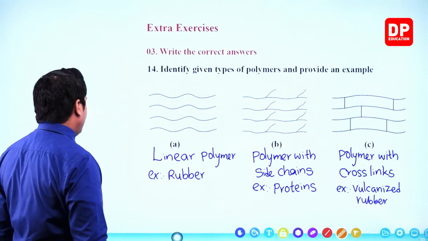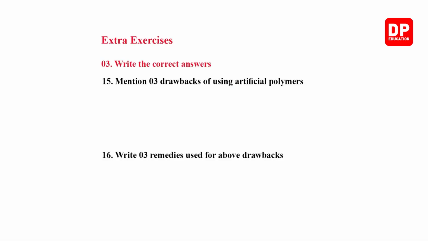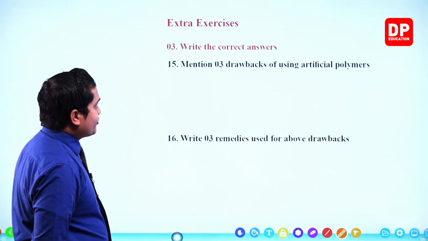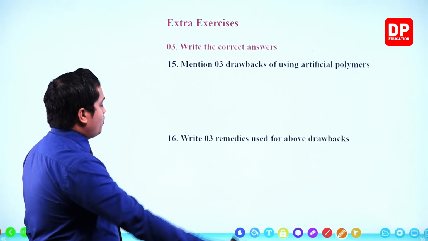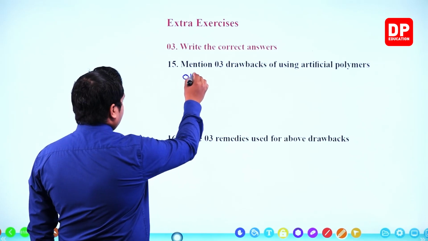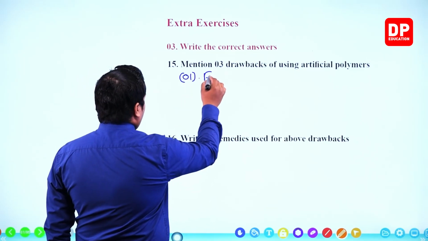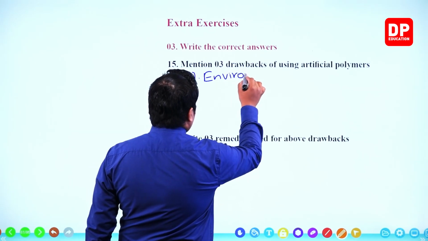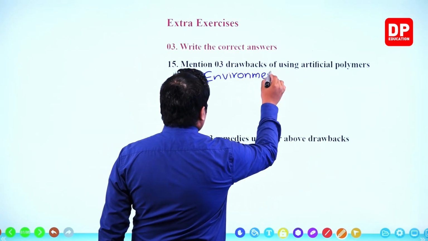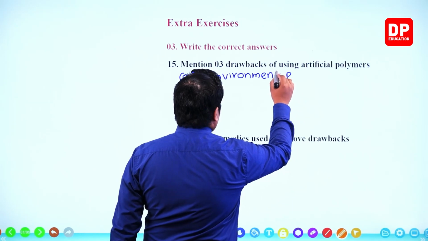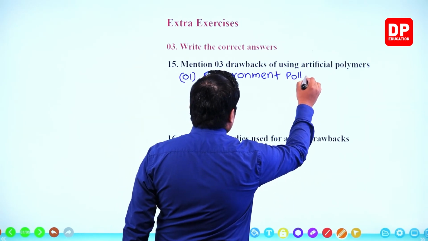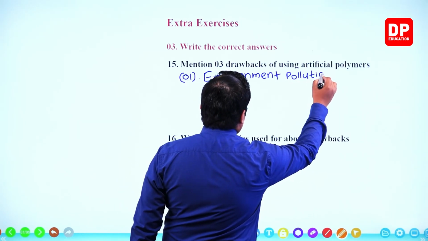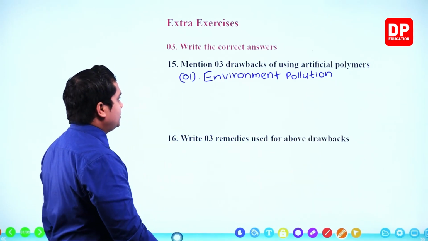Right. Then the next question. Question number 15. Mention 3 drawbacks of using artificial polymers. Number 1. Environment pollution. Environment pollution, right?